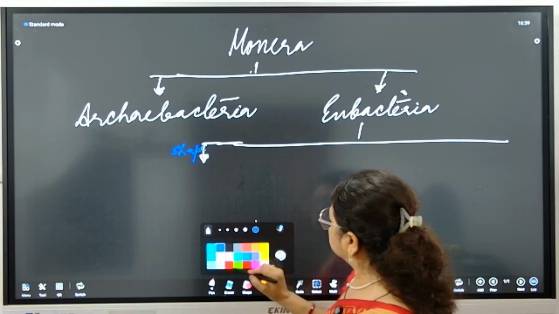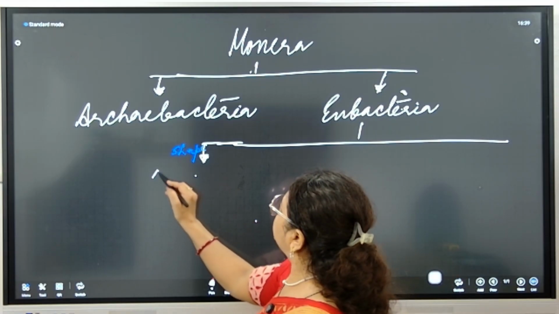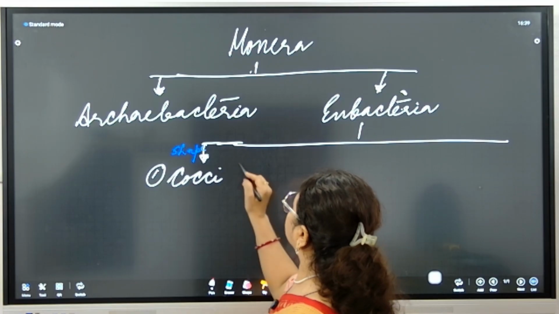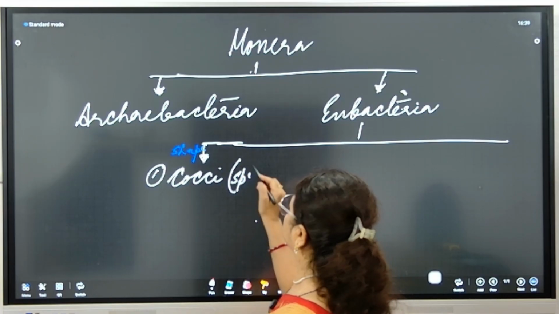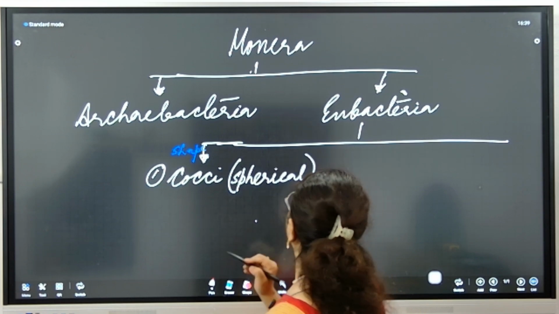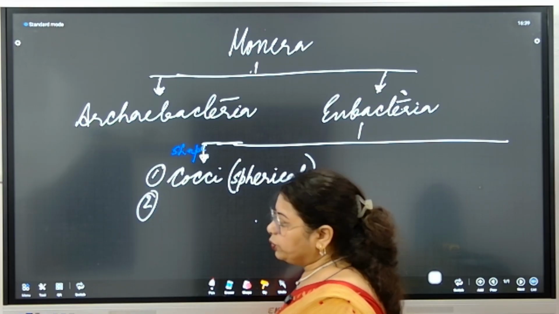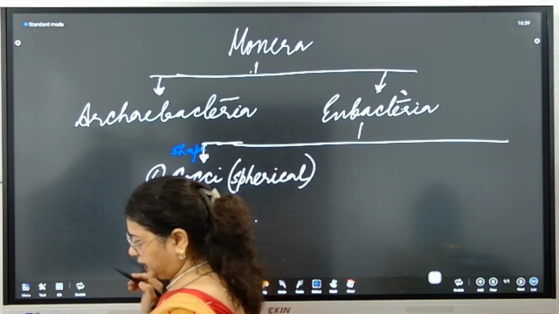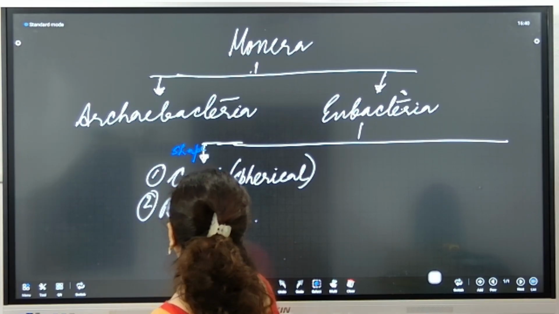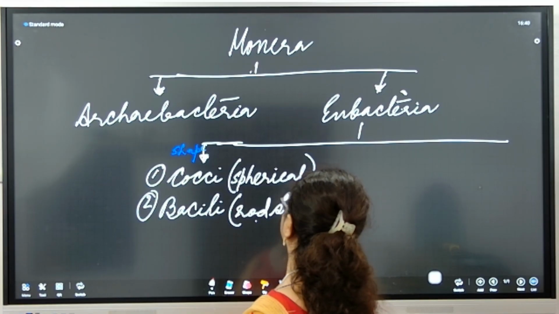Now again choosing white. According to shape, number 1 is Cocci, that is the plural, and their shape is spherical. Number 2 is Bacilli, and their shape is rod shaped.